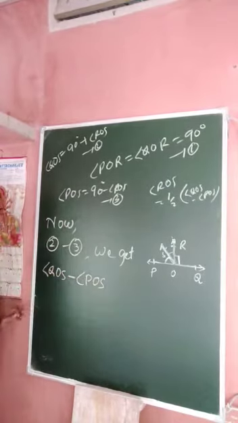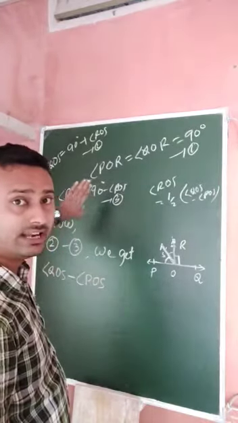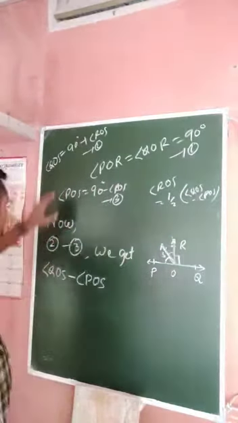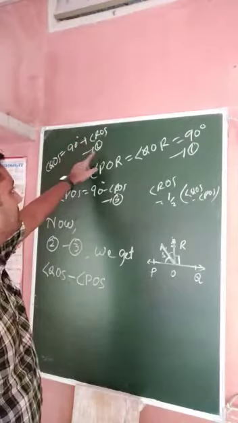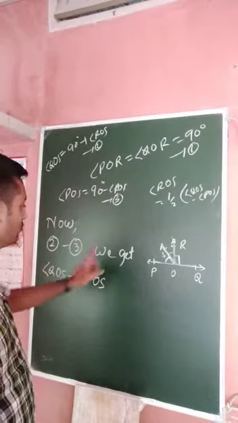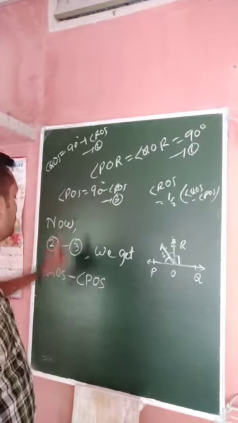Whenever you subtract one equation from another, you have to subtract the left hand sides, and similarly the right hand sides. So left hand side of equation number 2 is QOS, minus the left hand side of equation 3, which is POS. So QOS minus POS.